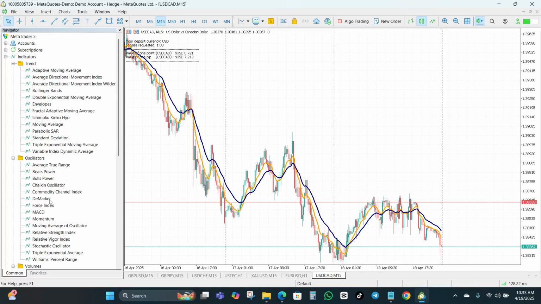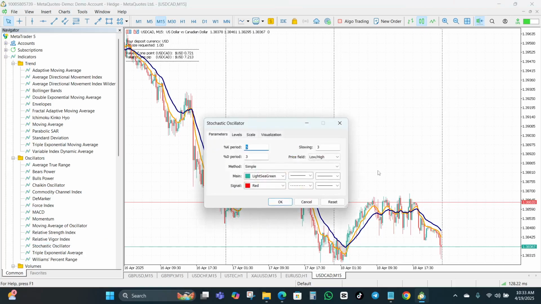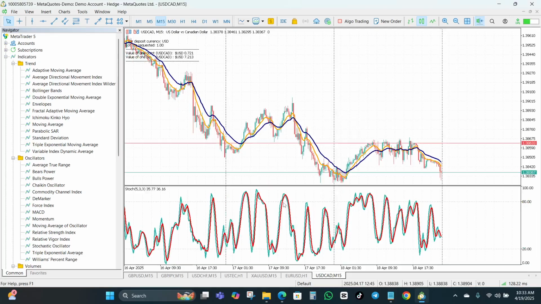Now the next indicator we are going to look at is the stochastic oscillator. Now scalping is all about speed, right? And that is why the stochastic oscillator is a must. It is designed to give fast signals.